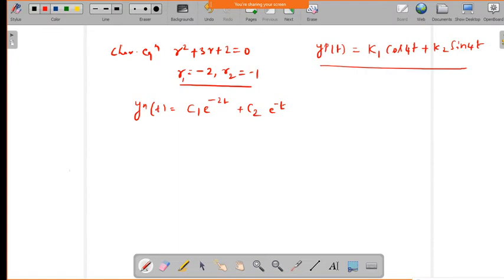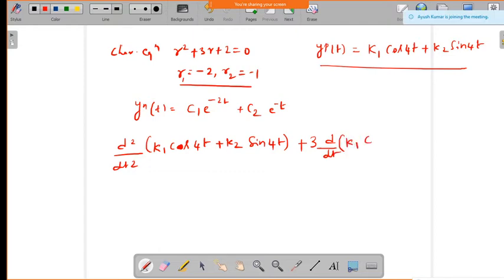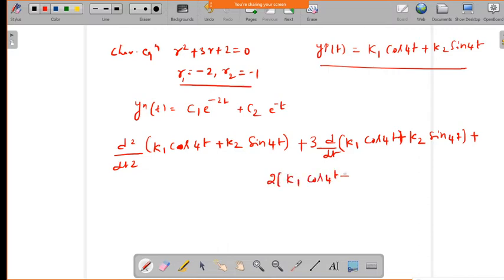That is d square by dt square of k1 cos 4t plus k2 sin 4t, plus 3 into d by dt of k1 cos 4t plus k2 sin 4t, plus 2 into k1 cos 4t plus k2 sin 4t, which is equal to 2 into x of t.